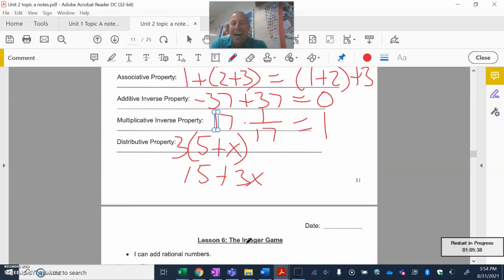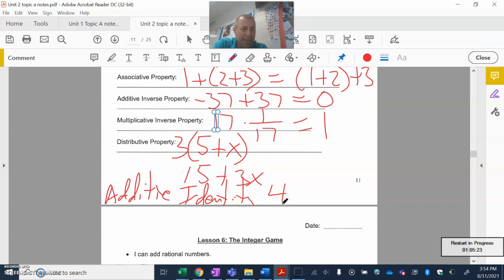All right. We've got the additive identity. And what that means is if you, and this is going to be earth-shattering, if you take something and you add 0 onto it, you get the same thing right back. Yeah. Again, if it always works, we give it a name that's there.